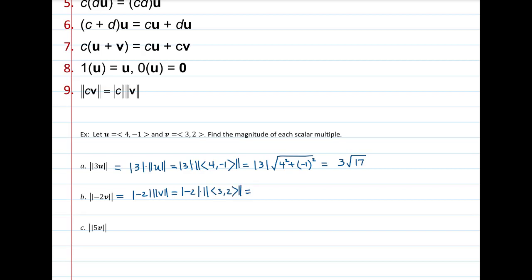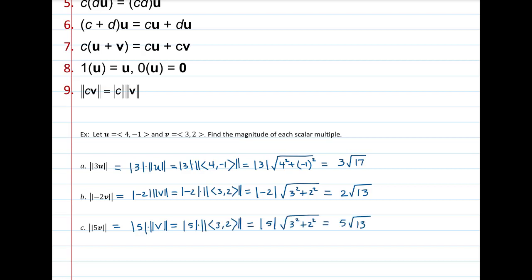And we already know how to calculate magnitudes given our component form of the vector. So that's a pretty straightforward process. In the same way, you can apply all the other rules. Like I said, most of those rules should look familiar to you from the properties of real numbers. So there we have it.